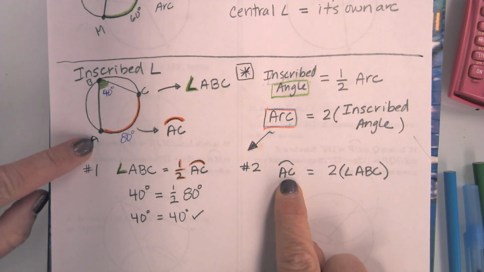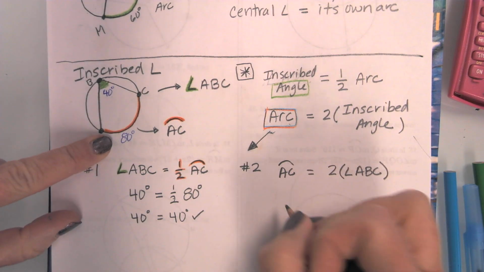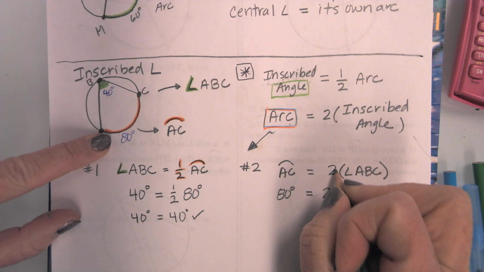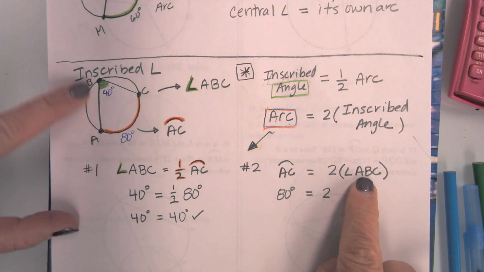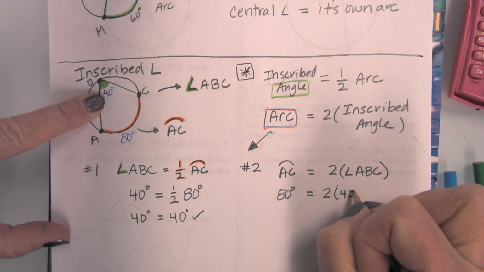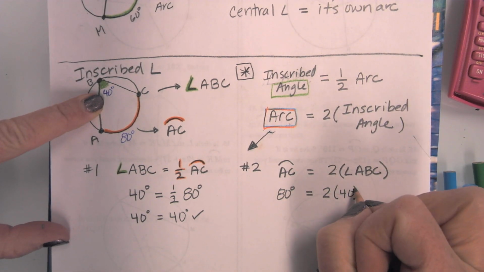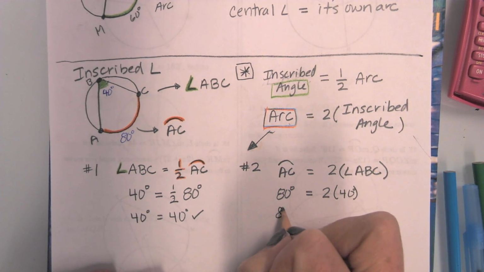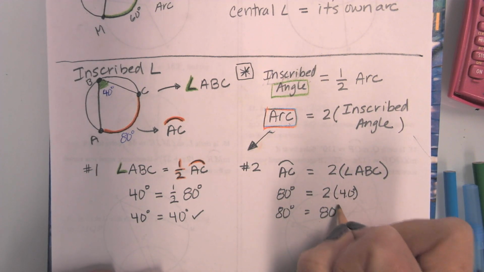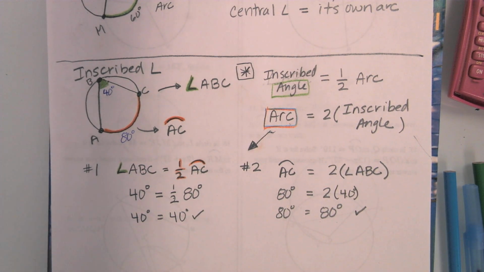My arc AC is 80 degrees. I keep my numbers. My angle ABC is 40 degrees. And when I solve that, I get 2 times 40, which we know already is 80, and it works.